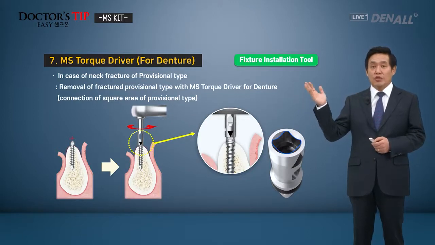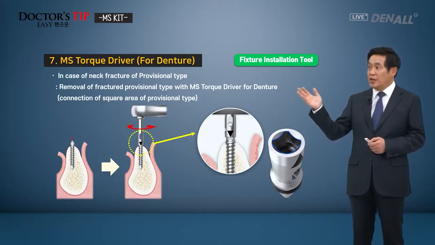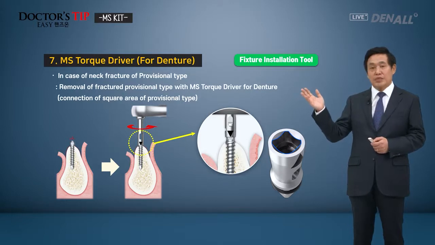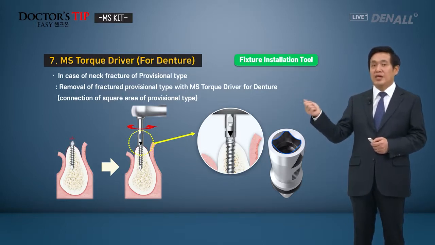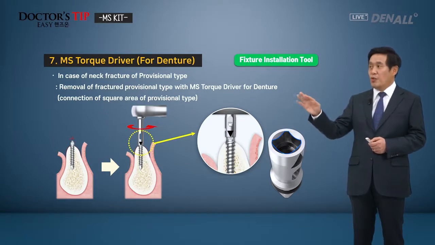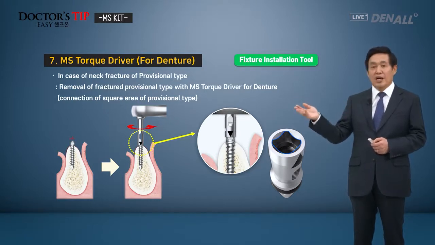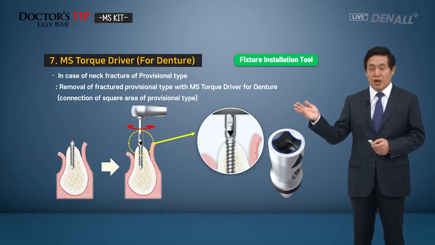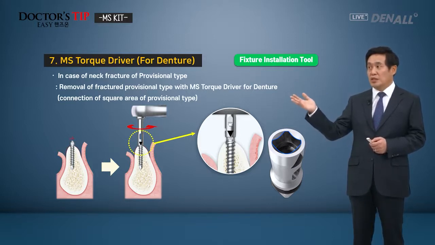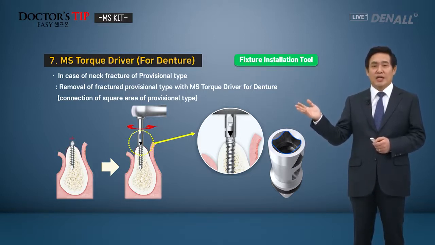And I will show you in the hands-on also, but for the provisional type MS implant, if you bend too much, or if you want to change the positioning of an already bent one, then the provisional type MS fixture sometimes fractures. And to remove that can be challenging.